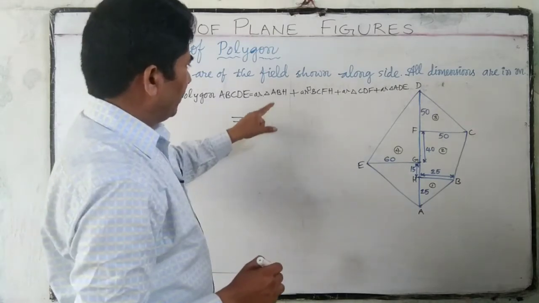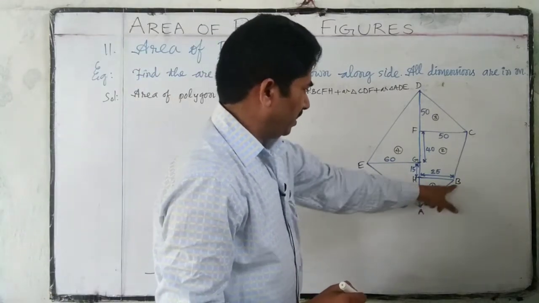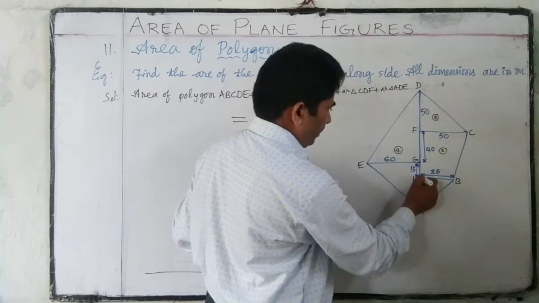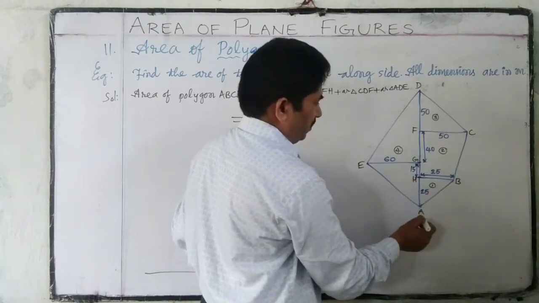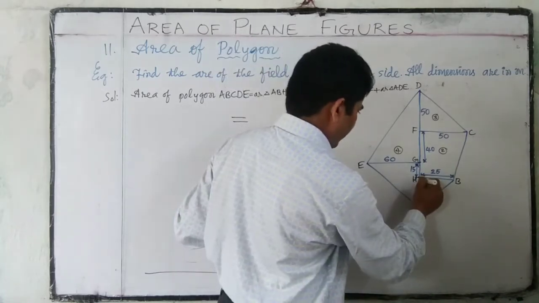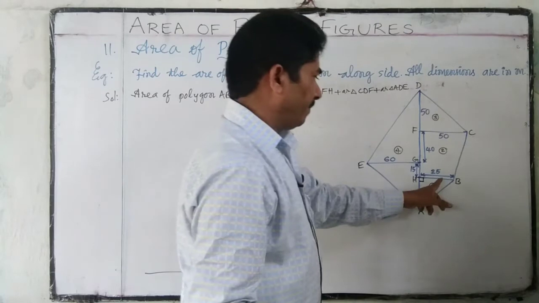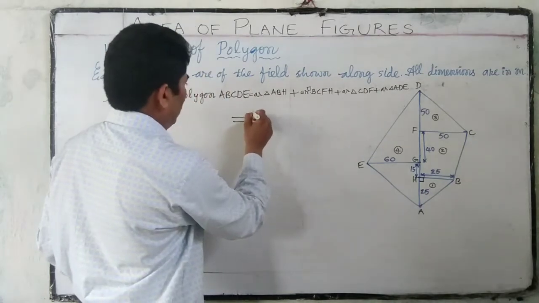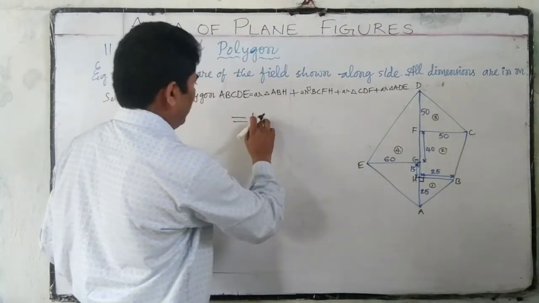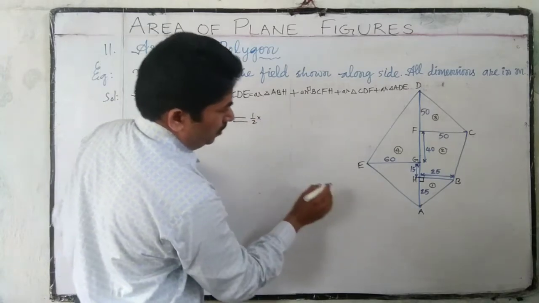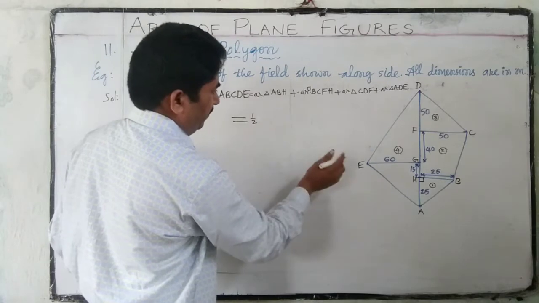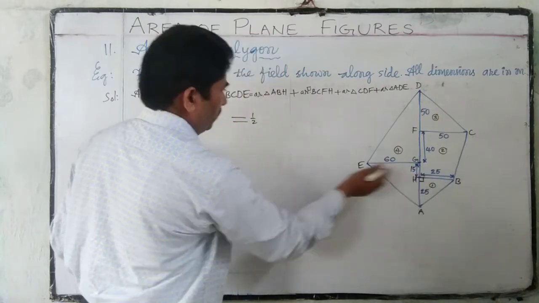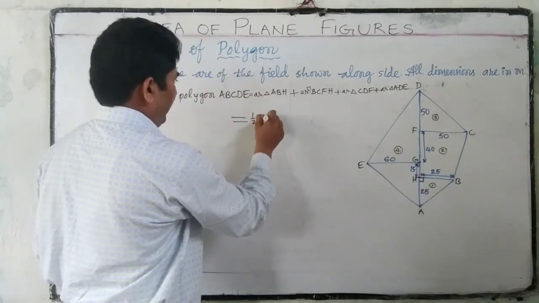First, area of triangle ABH. In this, AH is the base, BH is the height, or we can take this as a right angle triangle. So half into AH into BH.